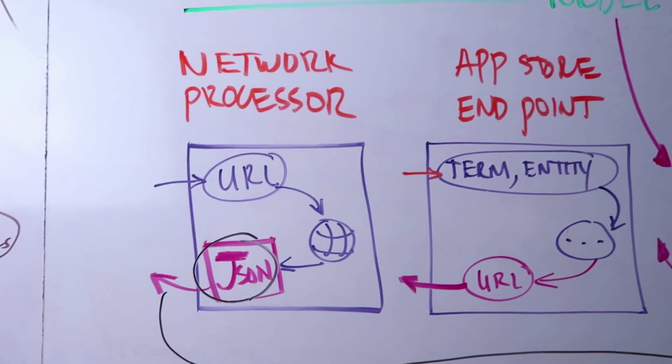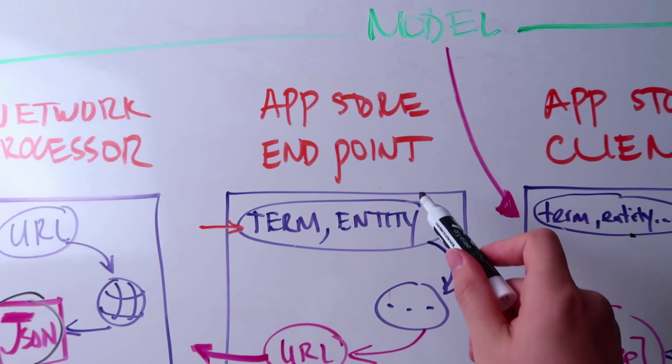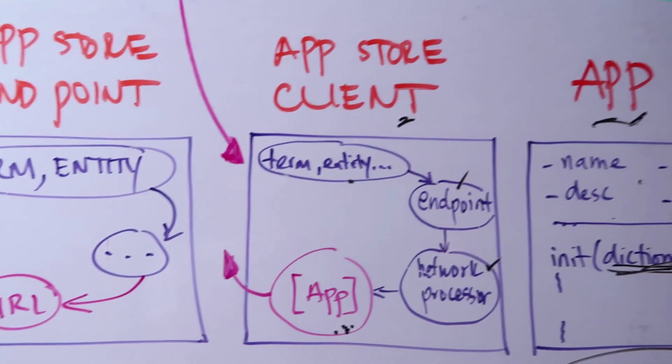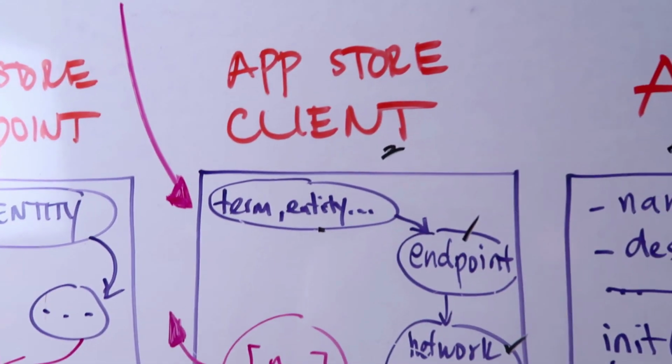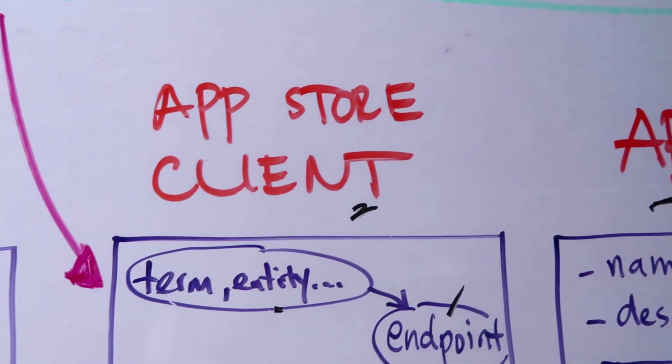Now in our model, we have the network processor. We did the App Store endpoint and we got the app. Lastly, this is the last class in our model, which is the App Store client.